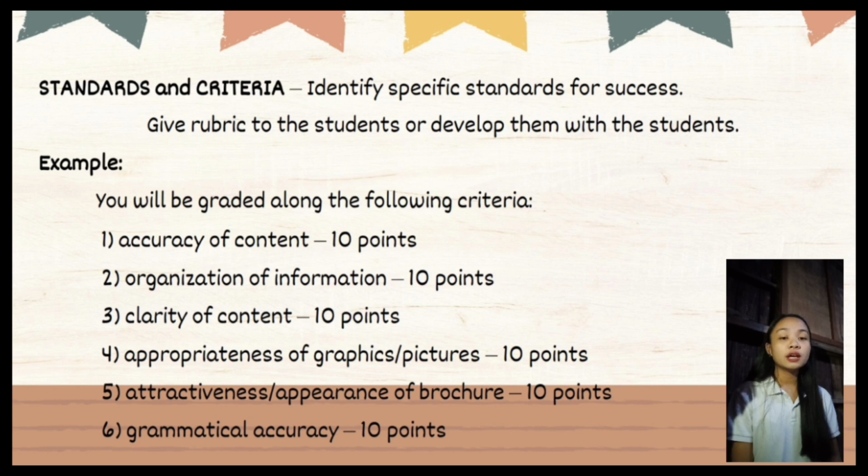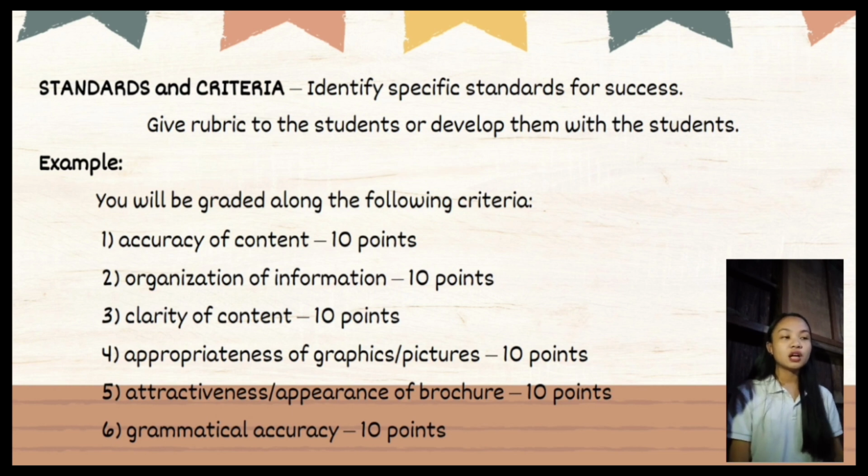So overall, the brochure weighs 60 points. So the students should get 60 points as a perfect score for their brochure. Now that's all for the GRASP, its meaning, the acronym's meaning, as well as the examples.